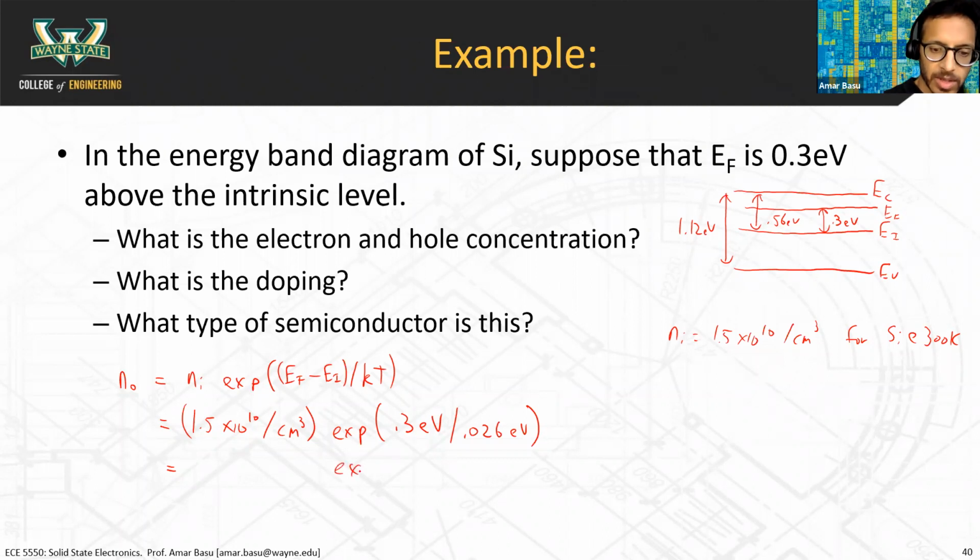So this becomes exponential of... Oh, wait, I didn't do that right. 0.3 divided by 0.026 is 11.5.